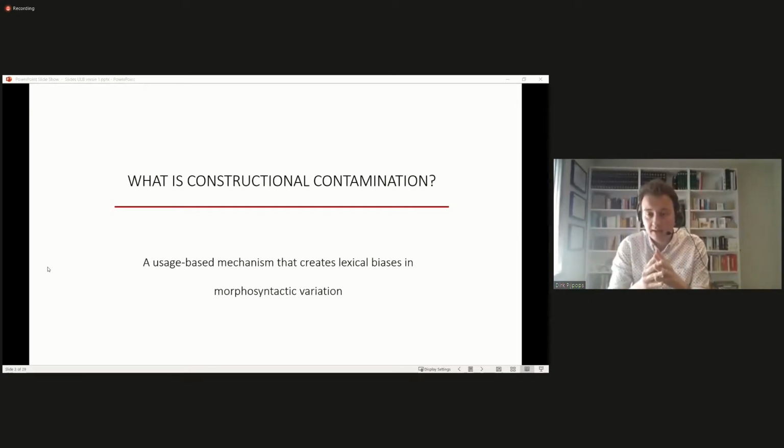That's what I mean by lexical biases. Words having a preference to appear in one particular morphosyntactic variant. And constructional contamination is one mechanism that can explain the emergence of such lexical biases, that can explain how they came to be and can also predict which words would prefer which variant.